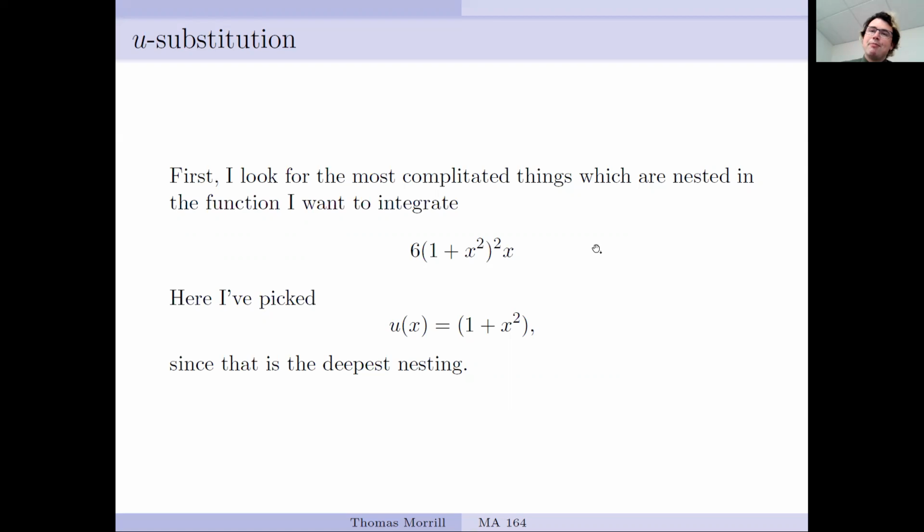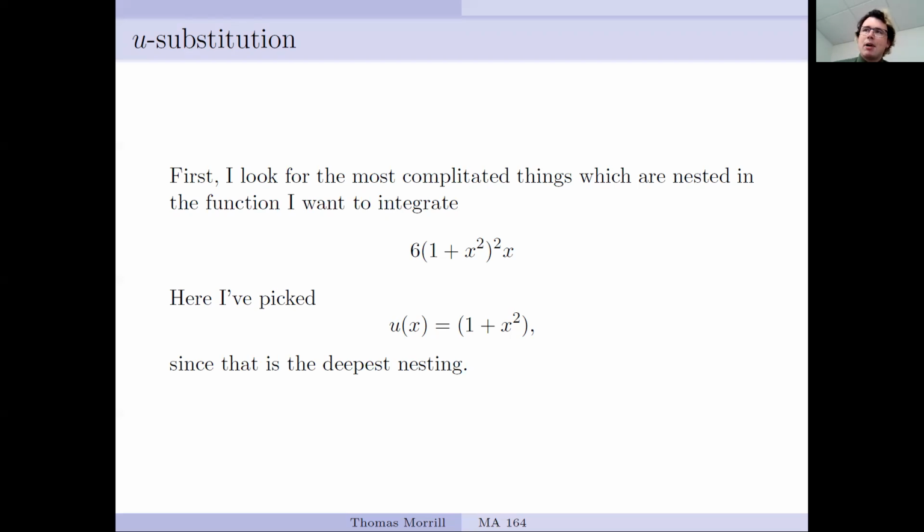In this problem, that's going to be the 1 plus x squared that's inside my parentheses here. So keeping the long notation, just to explain what I mean, I'm going to say that u as a function of x is equal to 1 plus x squared. And again, I picked that because it's the deepest set of parentheses that I can see.